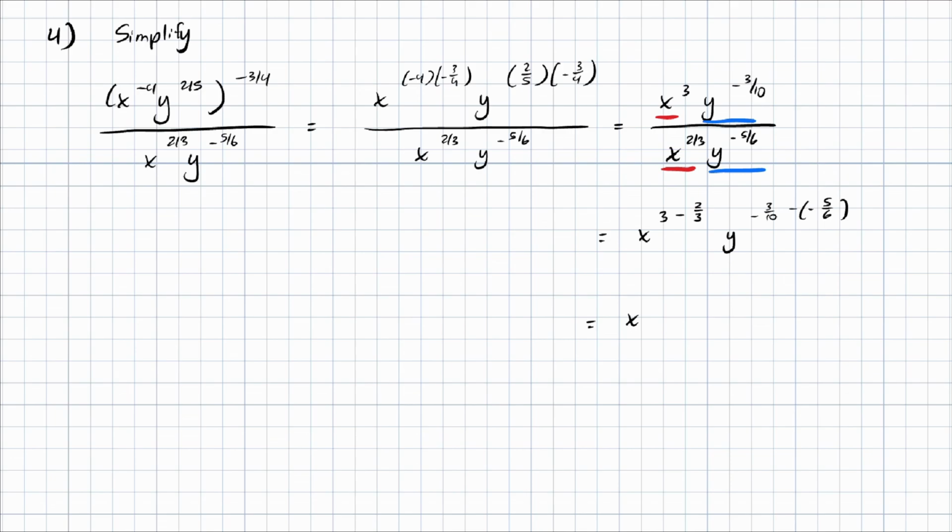All right, going to simplify this. This is x to the 9/3 minus 2/3, and y, I'll cancel out these negatives. So I have, let's see, actually, let's just do 60 as a common denominator. I will have -18 over 60 plus 50 over 60.